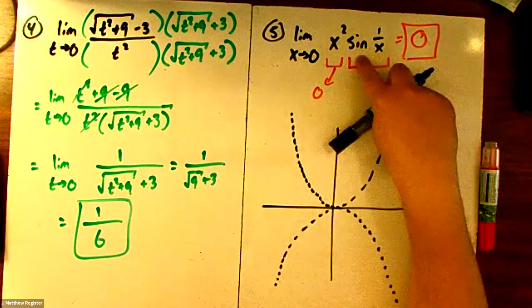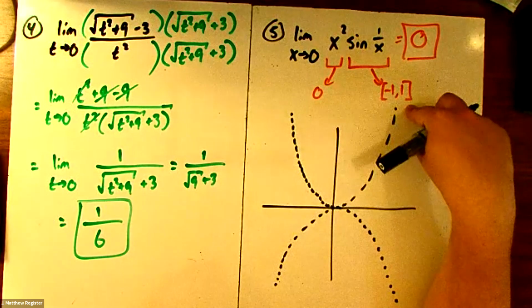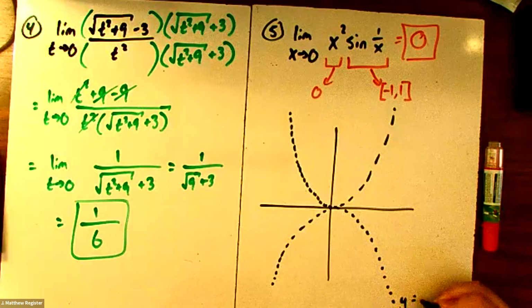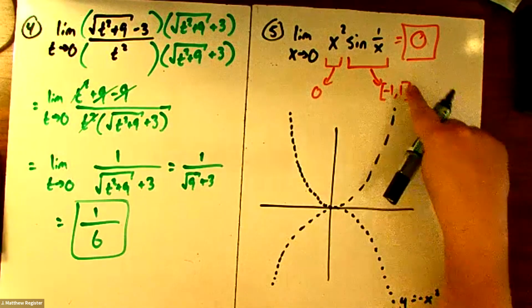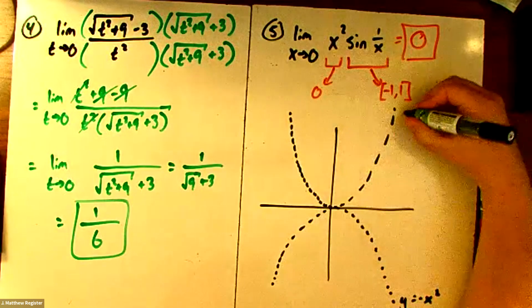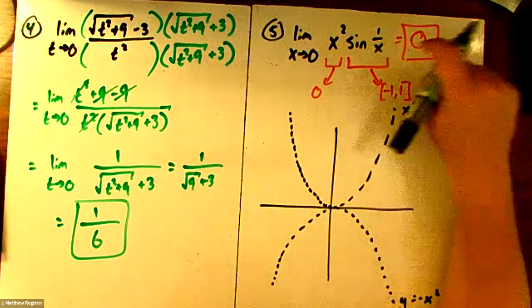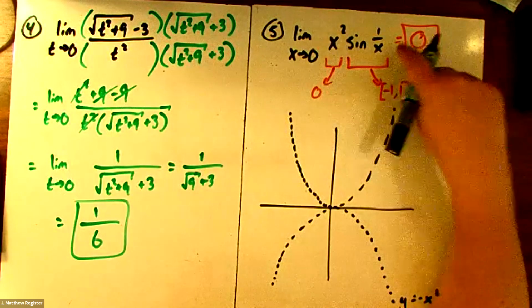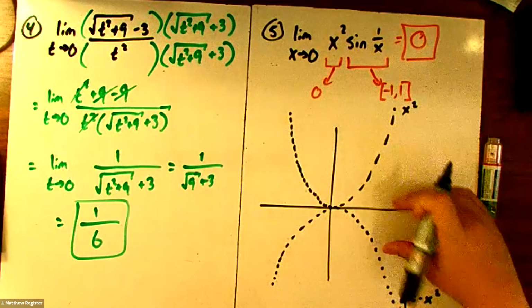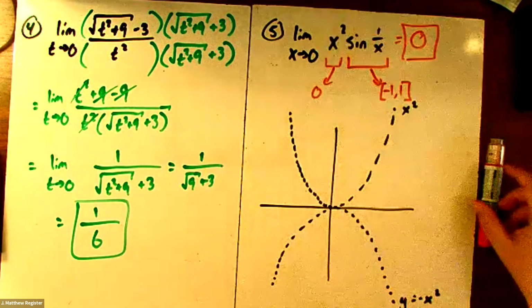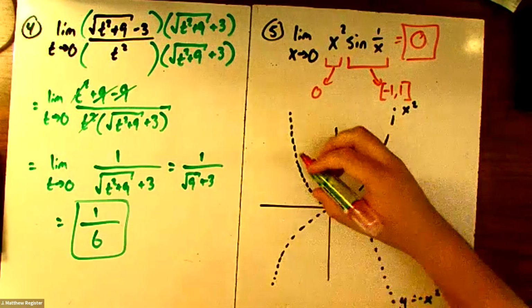Since we know that this is bounded between -1 and +1, well, -1 times x squared is -x squared. X squared times +1 is +x squared. And so we know that x squared times sine of 1 over x is going to be bounded between these two functions.